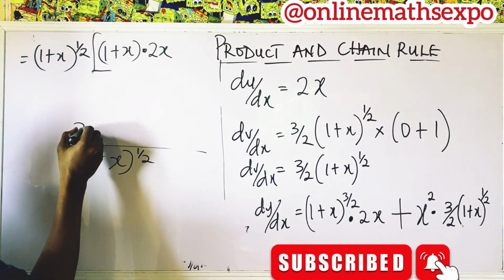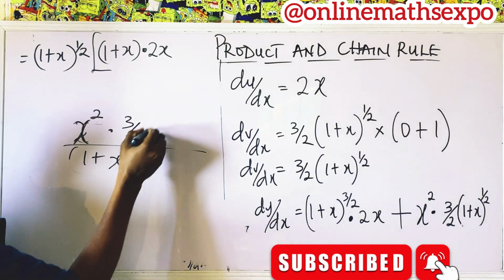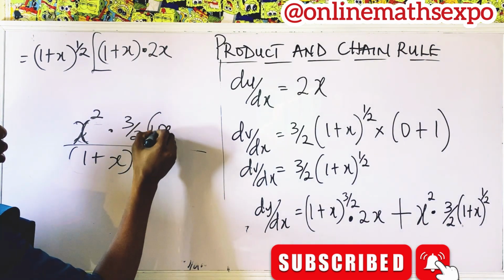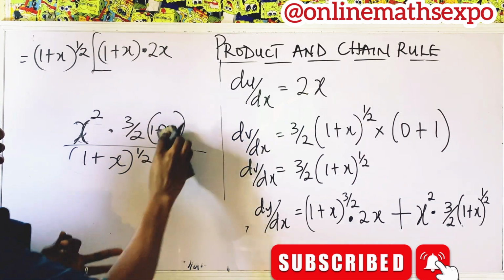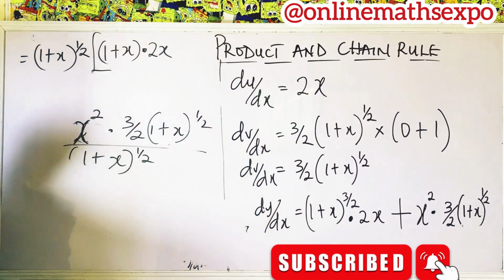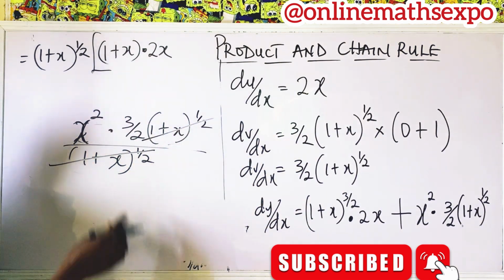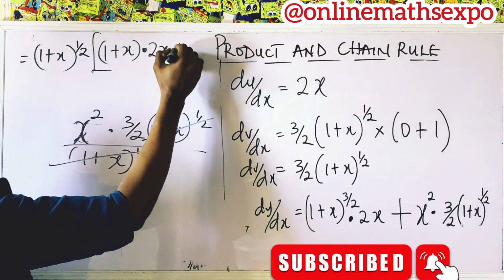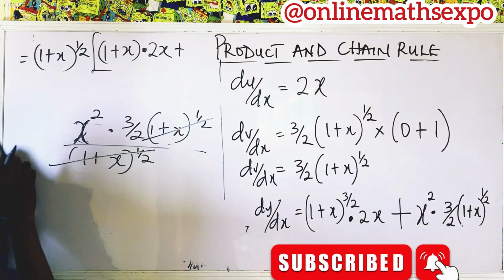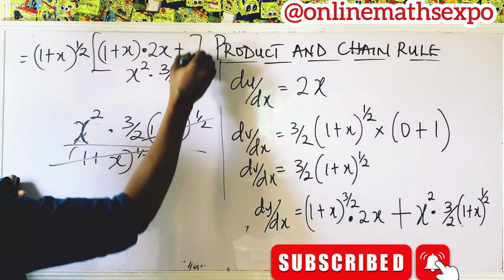What we have there is x squared multiplying 3 over 2, (1 plus x) to the power of half. This can cancel this, that are the same. So we are left with plus x squared multiplying 3 over 2.